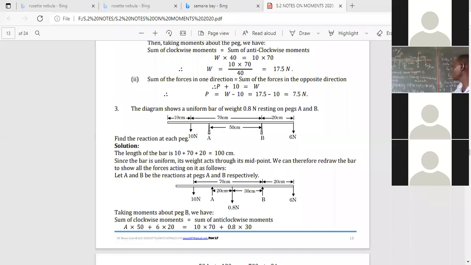When a body is in equilibrium, the sum of anti-clockwise moments about any point is equal to the sum of clockwise moments about the same point.